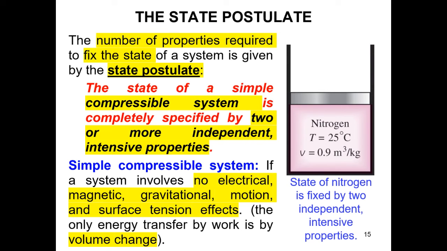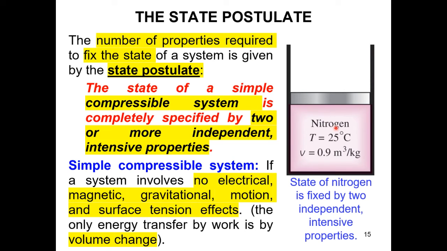The state postulate. What is the state postulate? It is the number of properties required to fix the state. If you want the system to be in one particular state, you need a number of properties required to maintain it.